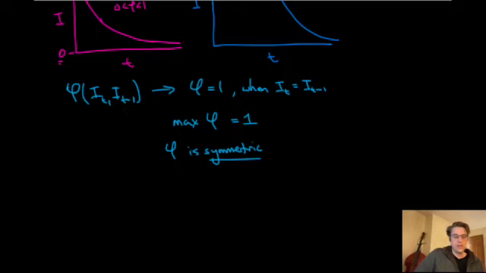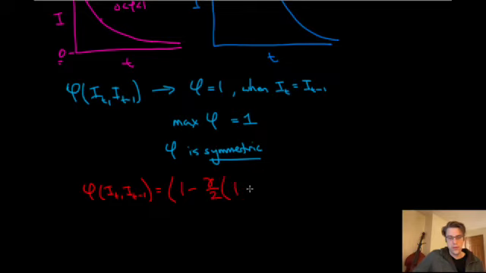And we already saw in class what phi was. Symmetric, of course, should right away make you think about quadratic, and indeed phi is quadratic. We're going to define that phi of it and it minus 1 is equal to 1 minus gamma over 2 times 1 minus it divided by it minus 1, squared.